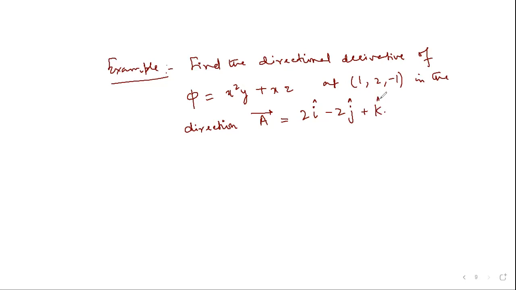This is my question. Find the directional derivative of phi equal to x square y plus xz at 1, 2, minus 1 in the direction of the vector a, right?